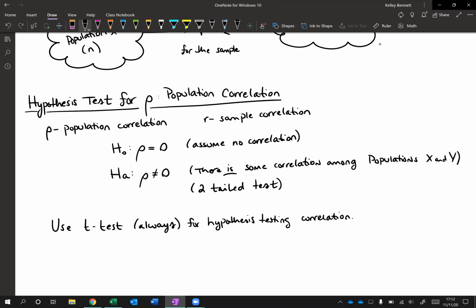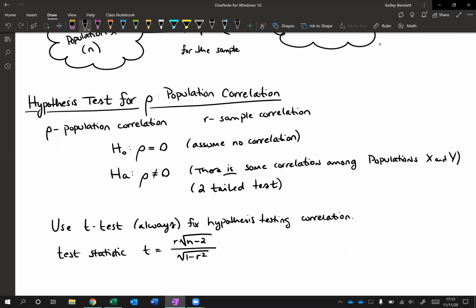Our test statistic is given by t equals r times the square root of n minus 2, divided by the square root of 1 minus r squared.